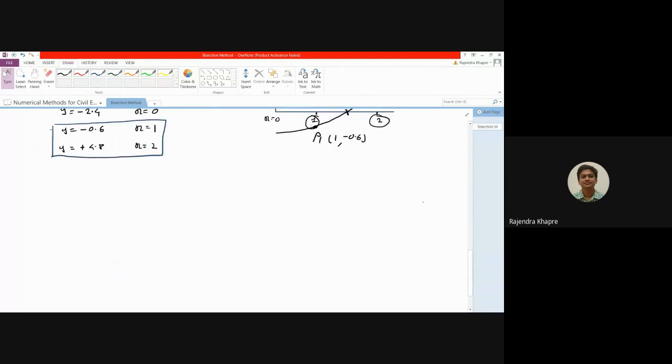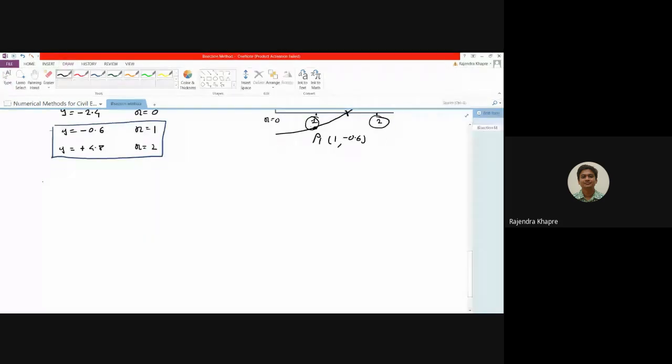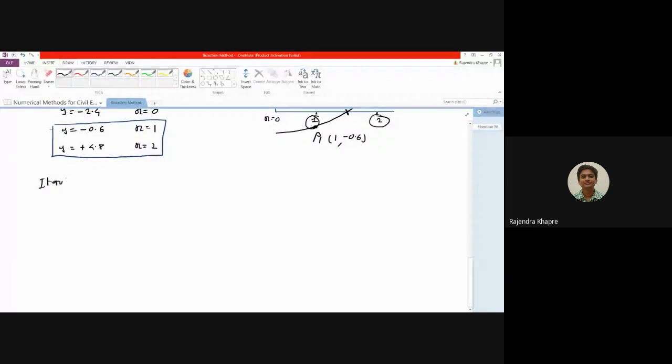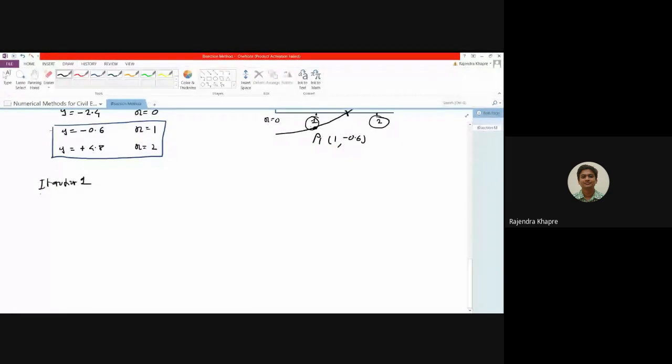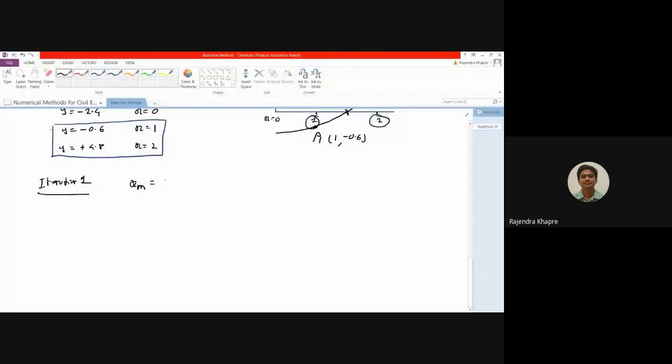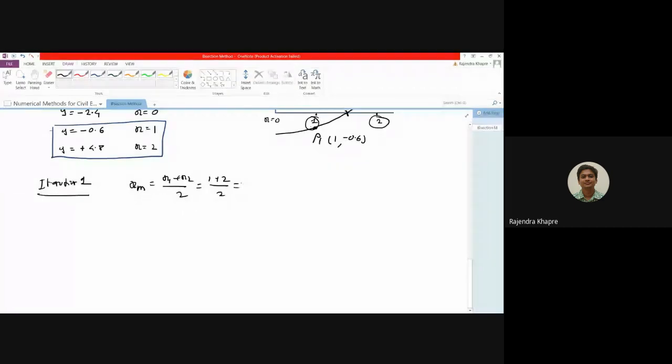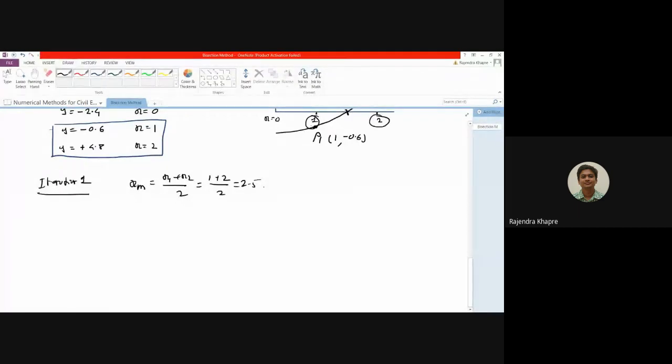So here I'm going to say iteration 1. In iteration 1 I'm going to calculate xm as x1 plus x2 divided by 2, where x1 is 1 and x2 is 2, divided by 2, so this is coming out to be 1.5.